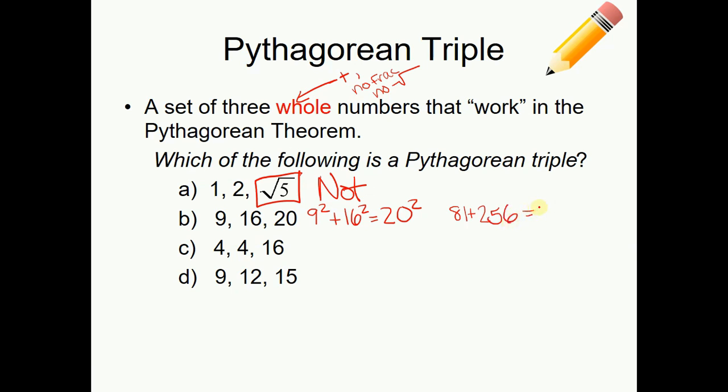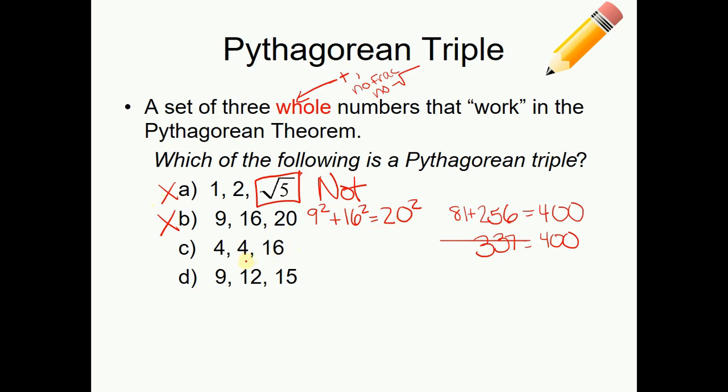Equals 20 squared, that is 400. So if I look at this, 81 plus 256, that's 337. So 337 equals 400. Not good. That is not a Pythagorean triple. It doesn't work in the equation.